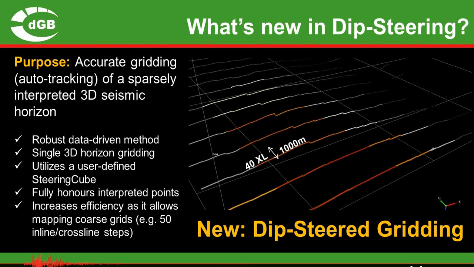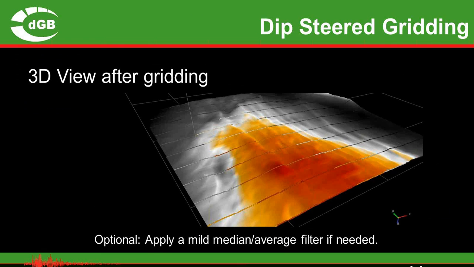Now what we do here with dip steered gridding is that we are using the data, the dip calculated from the seismic, to do this infilling. And we're still honoring all the interpretation points accurately. So it is both giving a more accurate result as well as that it is faster, because I have to use less number of interpreted lines to get an equal good result.